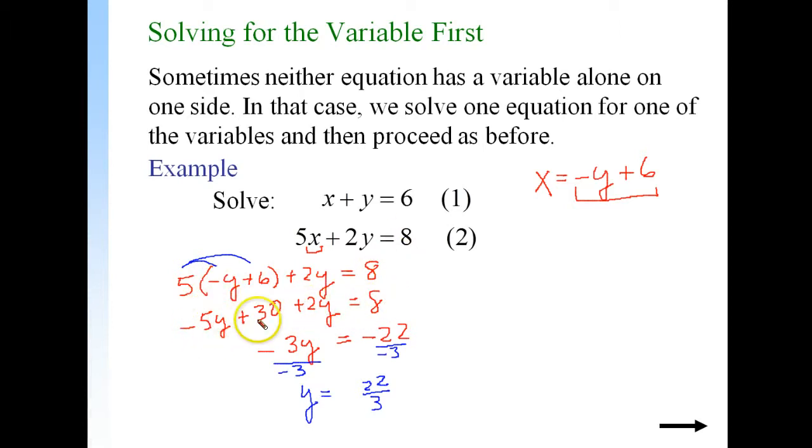Group my y's together, I get a negative 3y. Transpose this to the other side, I get a negative 30 on this side. Add it to 8, I get a negative 22.